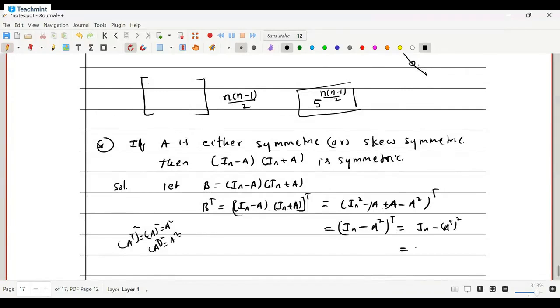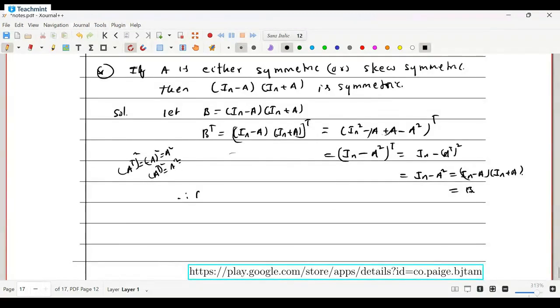So which is equal to In minus A square, which can be written as In minus A into In plus A, which is equal to B. So B transpose equals B. Therefore B equals In minus A into In plus A and is always symmetric.